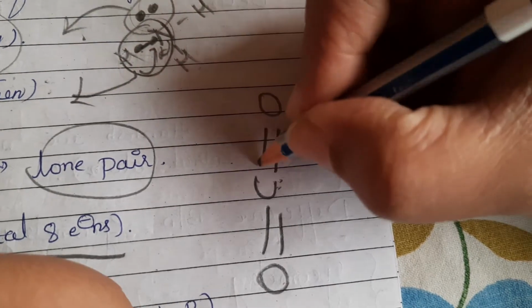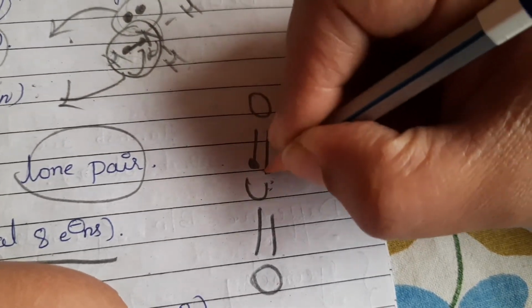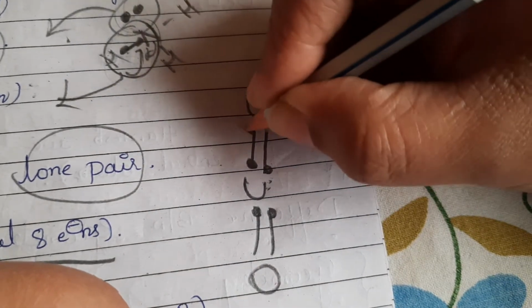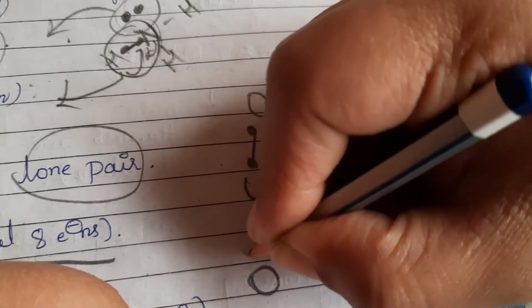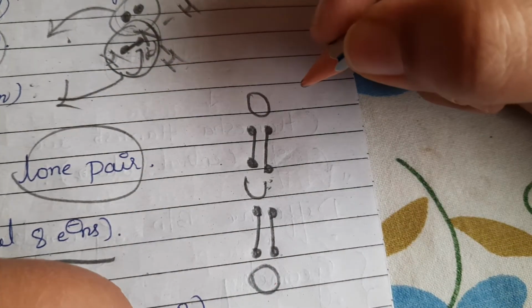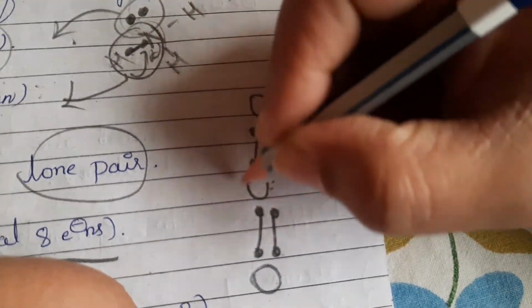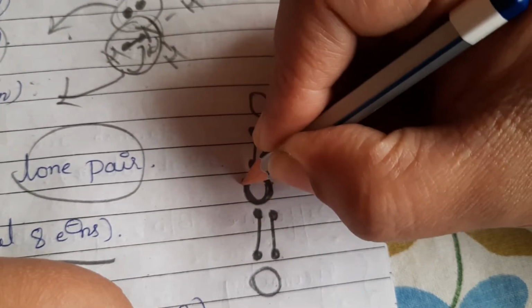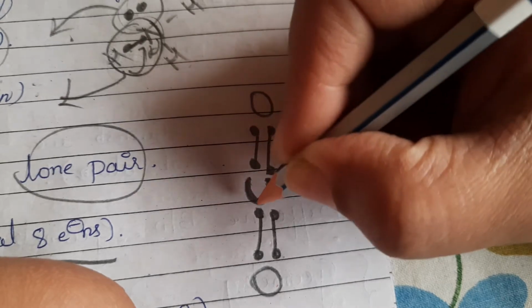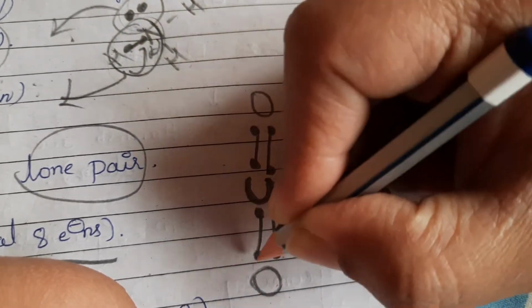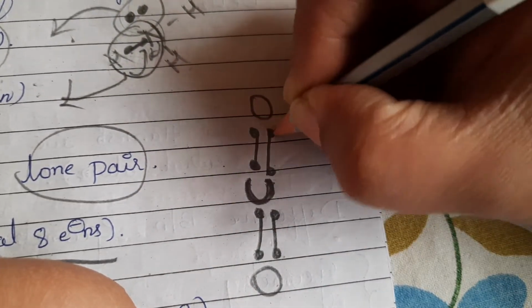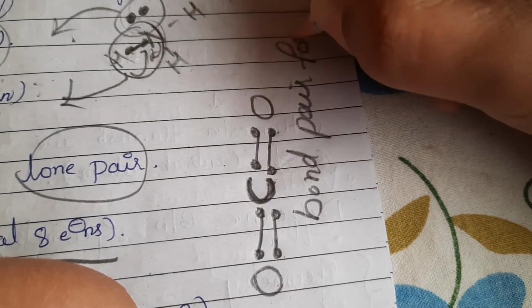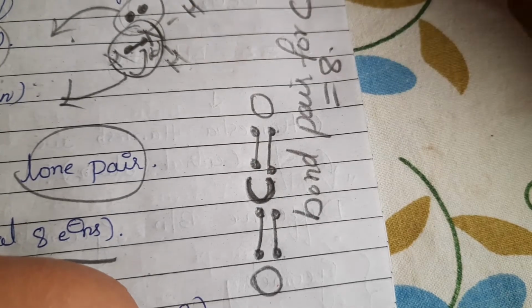Now this carbon atom has given 4 electrons, and the oxygen atoms have also given 2 electrons each. If you consider the bond pair electrons for this carbon atom, we can write 1, 2, 3, 4, 5, 6, 7 and 8. So the bond pair electrons for carbon are considered as 8.